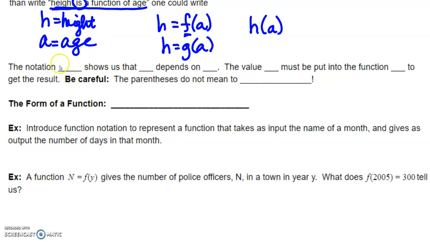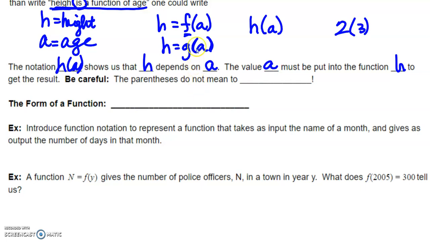So, the notation h of a shows that h depends upon a, and that the value a, that's the input, must be put into my function h to get the result. Now, be very careful. When you see parentheses like this, if I were to say something like 2 times 3, that means to multiply when we're working with numbers.